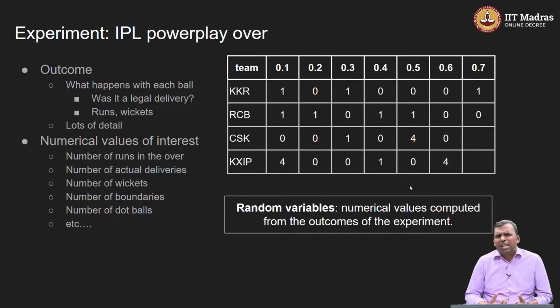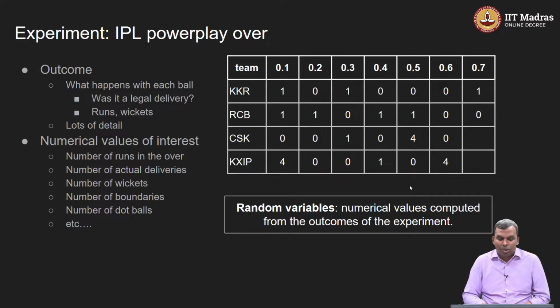Typically people will think of random variables as always taking a number, but you can also have some other finite set. If it's only heads or tails, you might as well have heads, tails as opposed to 0, 1 or something like that. But one can always associate a numerical value with any set, so numerical values are interesting to consider. Naturally in experiments like this, several numerical values show up, right?